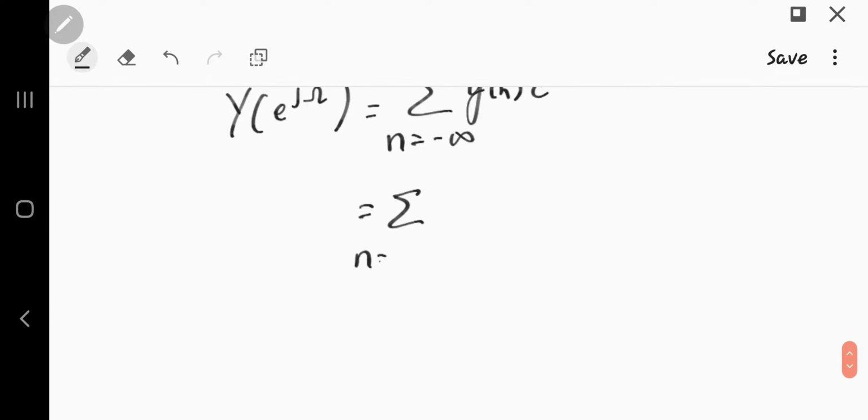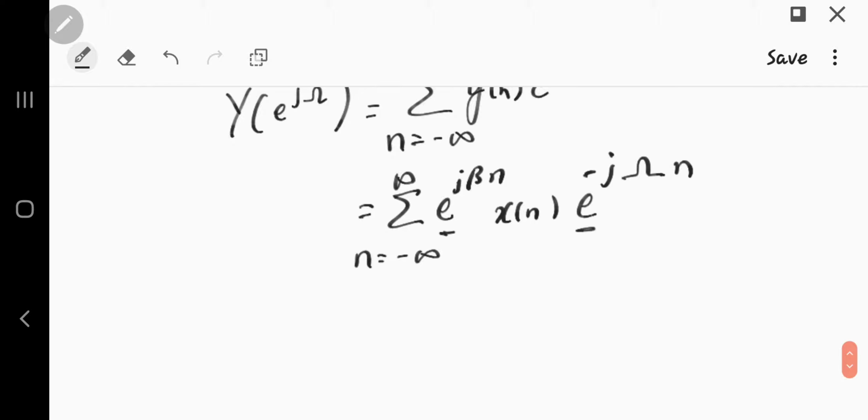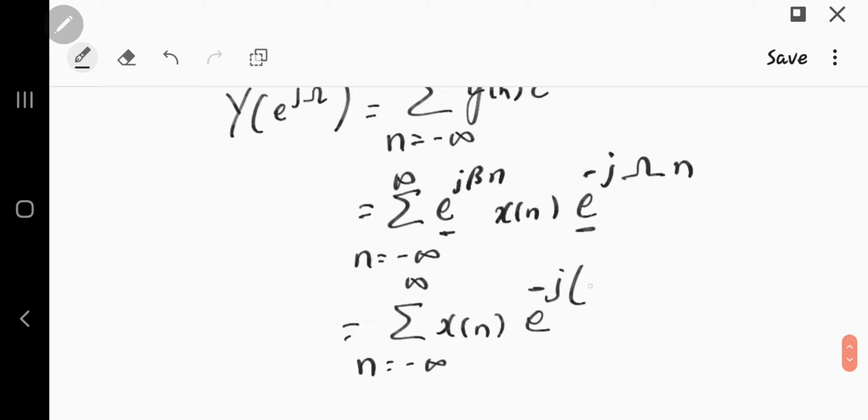Now if you substitute this y of n, that is e to the power of j beta n into x of n, e power minus j omega n. Now we have the common base here, so we can combine these two. So if you combine them, you'll get x of n e to the power of minus j times omega minus beta into n here.